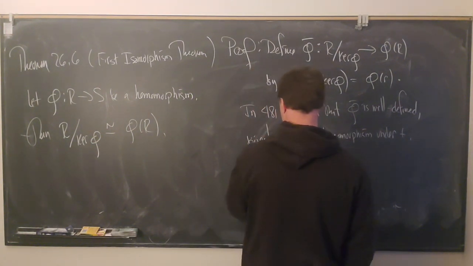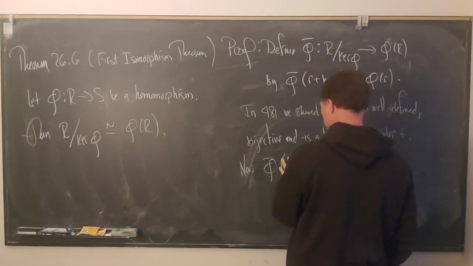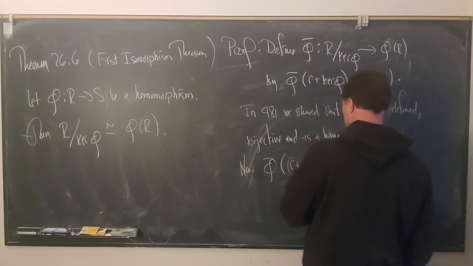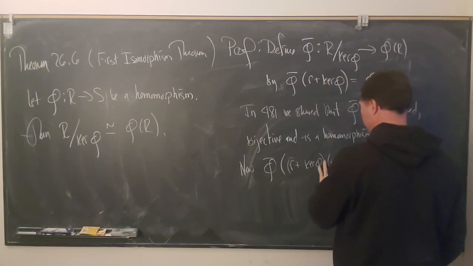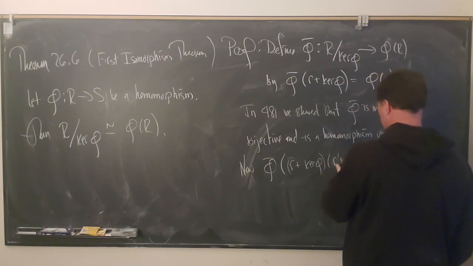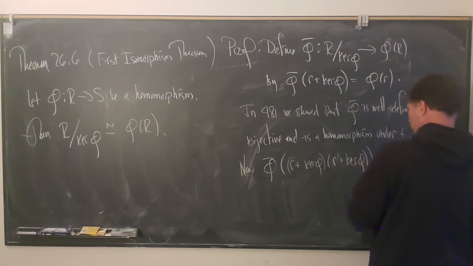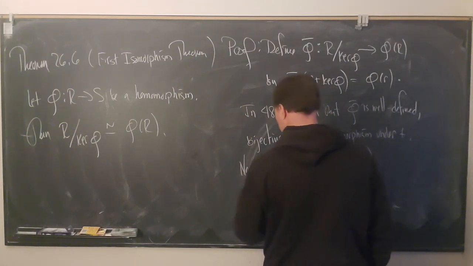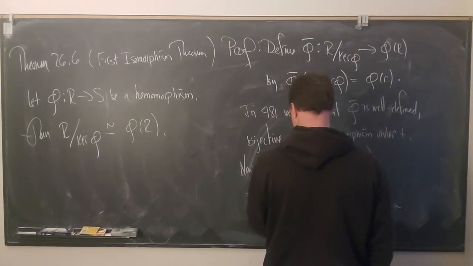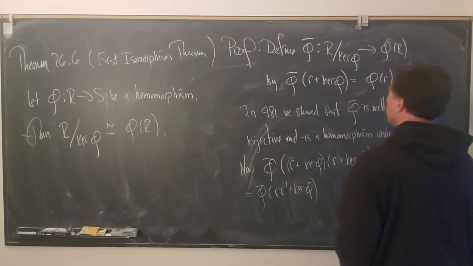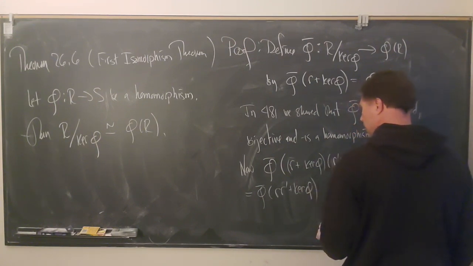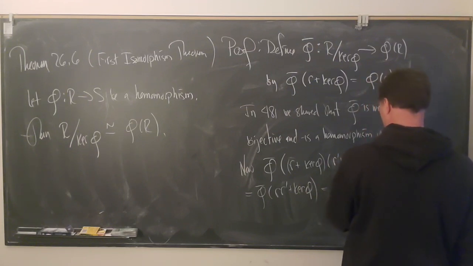So now all we need to do is take a look at what happens under multiplication. So phi bar of (r plus kernel of phi) times (r prime plus kernel of phi) equals phi bar of r r prime plus kernel phi, which is equal to phi of r r prime.